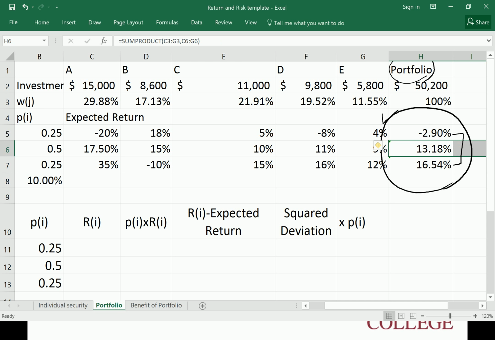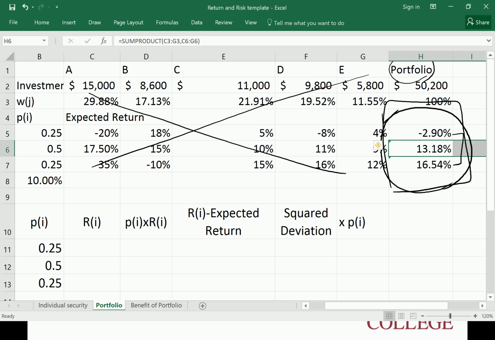Now what we can do is ignore these 5. We just use this one to compute the expected return and the standard deviation as we did in the previous problem, because we can treat this portfolio as one asset.